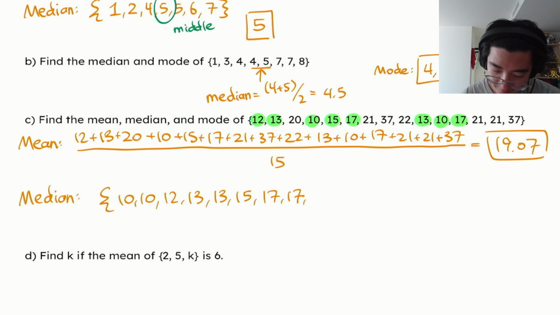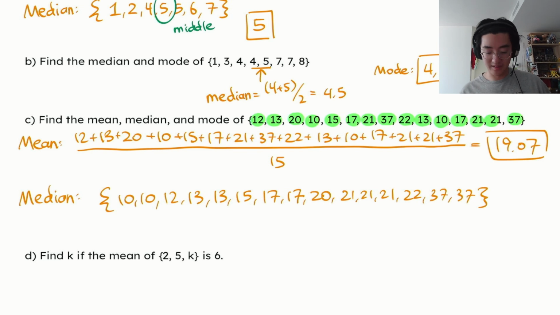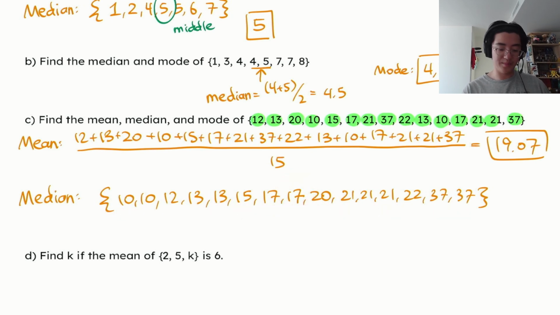No 18, no 19, we've got a 20, just one of them though. And then we've got three 21s. And then 22, and then the two 37s. So as you can see, when we list them out from smallest to biggest, we see a completely different median, because we've got 1, 2, 3, 4, 5, 6, 7 on each side. 17 is actually the middle number.